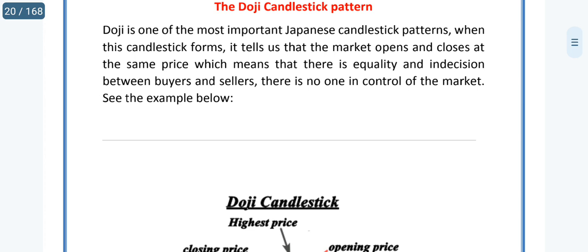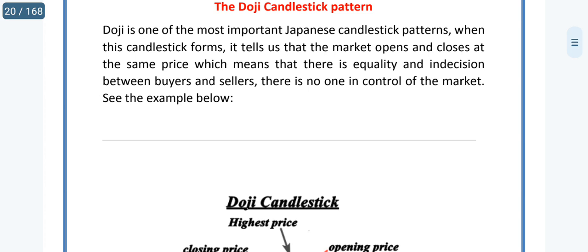When it occurs, it tells us that the market opens and closes at the same price, which means there is equality and indecision between the buyers and the sellers.